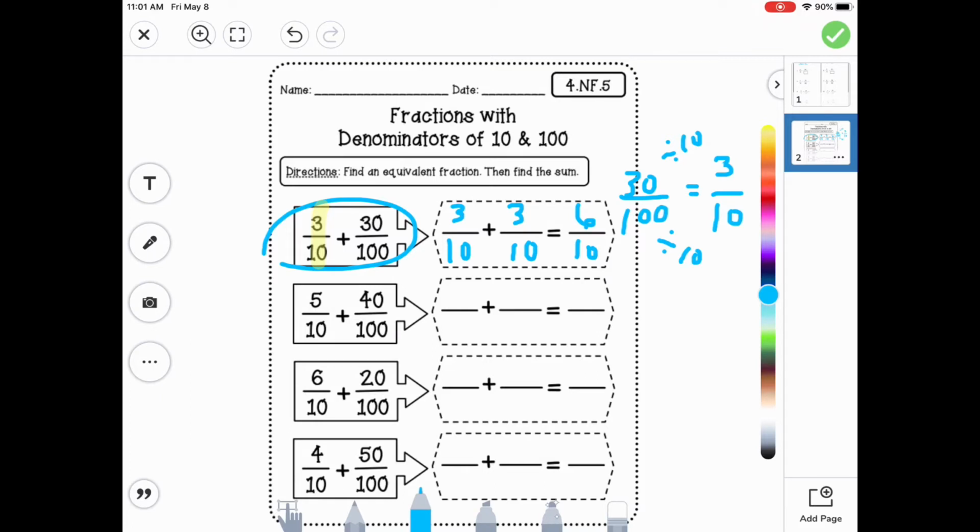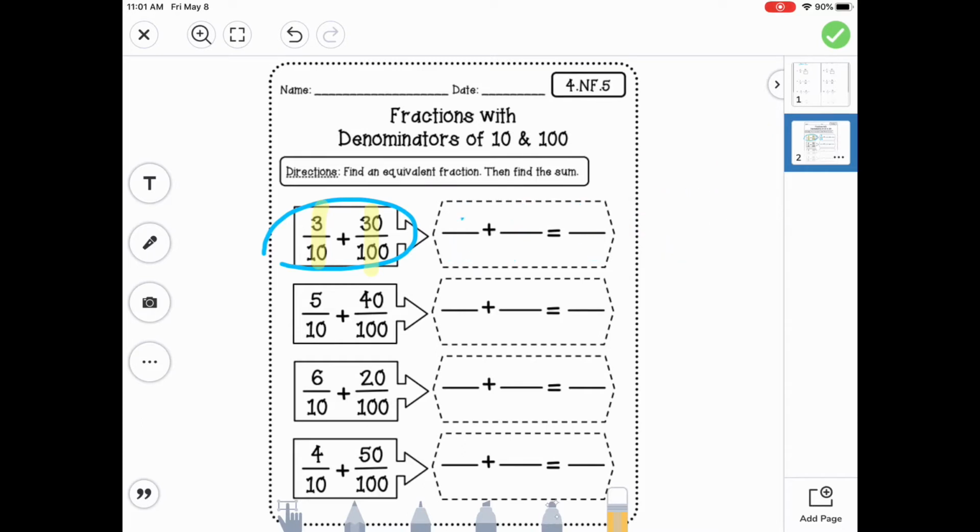Or what you could have done instead, you could have kept the fraction 30/100 the same, and instead turned 3/10 into a fraction over 100. So if I kept 30/100 the same, then that means that I would need to turn 3/10 into a fraction over 100.